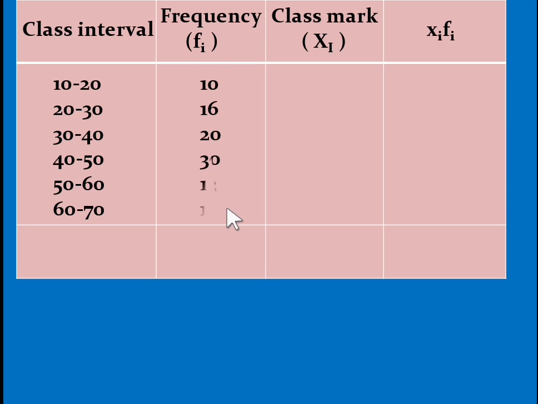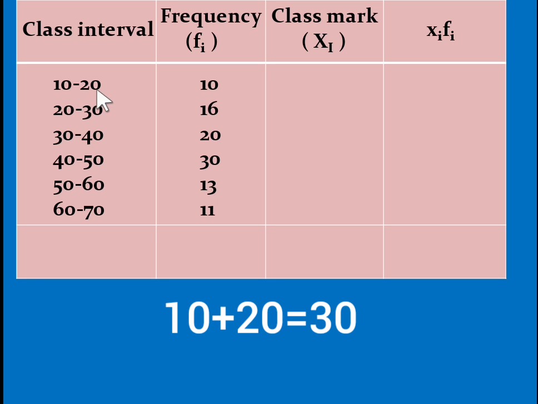Frequencies are also given 10, 16, 20, 30, 13, 11. Now in this table we have to find the class mark. In order to find the class mark, we have to add 10 and 20 and divide the result by 2.